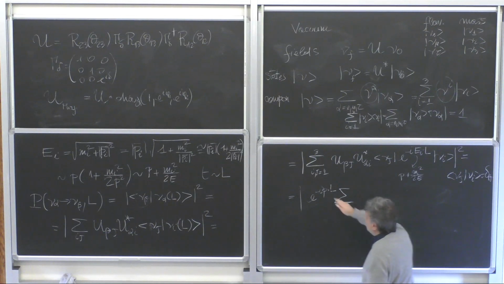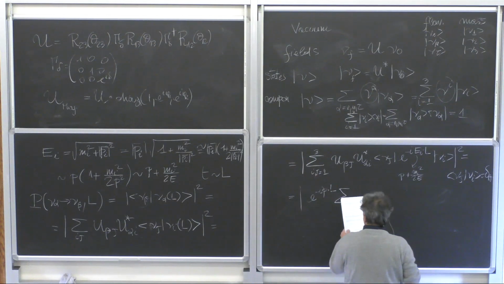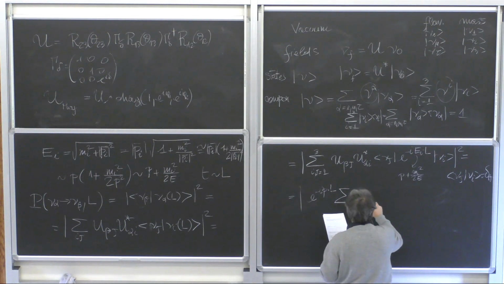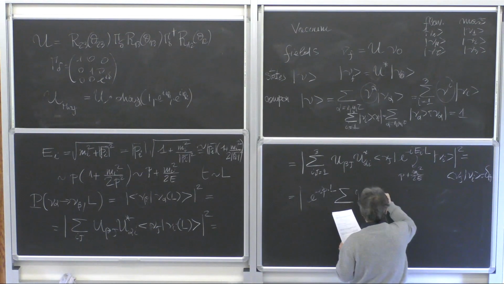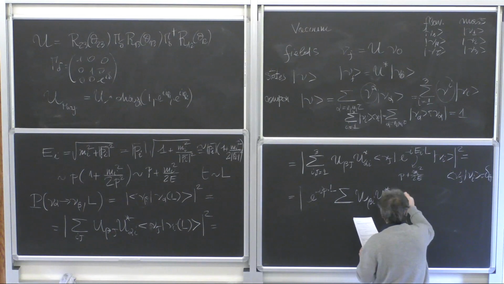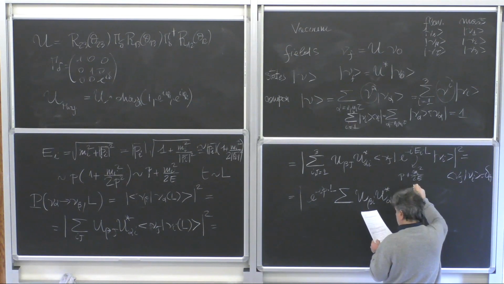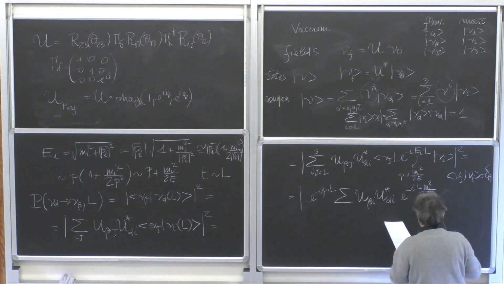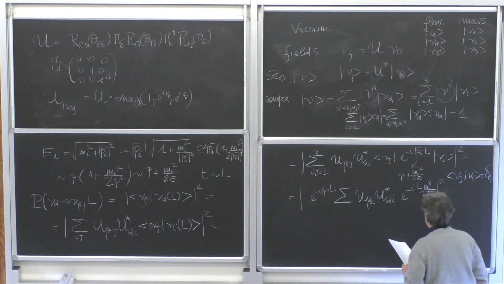Let's say the sum over i, and we get U beta i U star alpha i e to the minus i L mi squared divided by 2E, modulus squared.